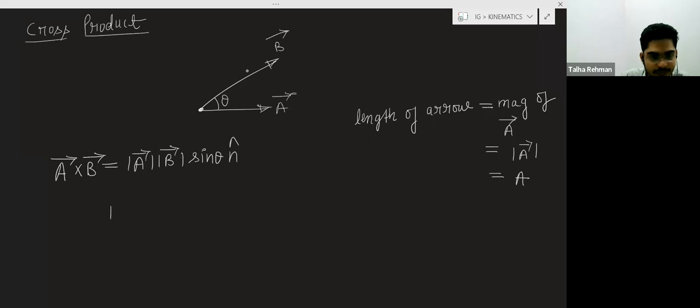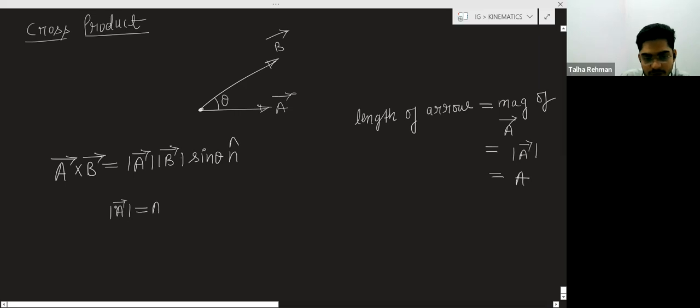What is magnitude of a vector? You can write it like this also. So basically this is the magnitude of a vector. What is this?